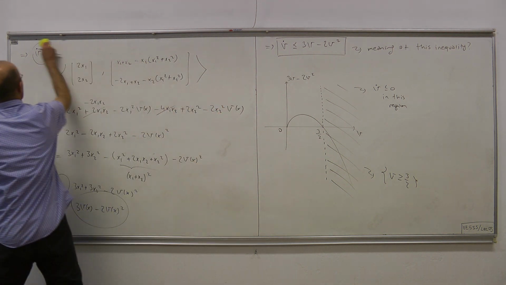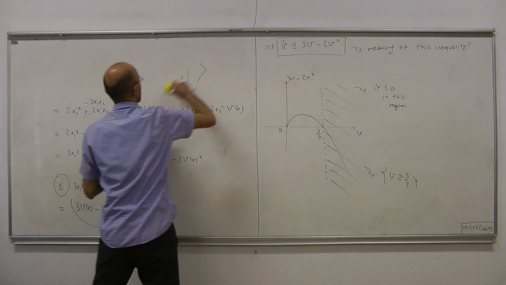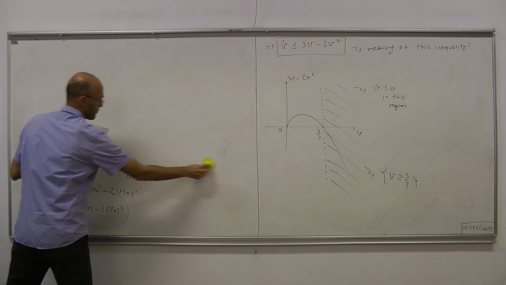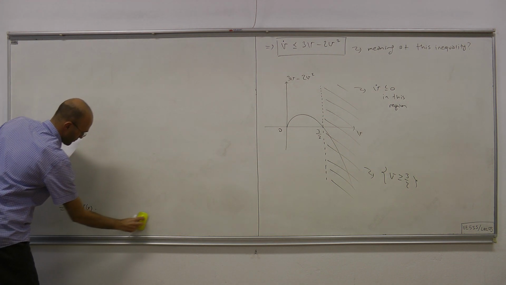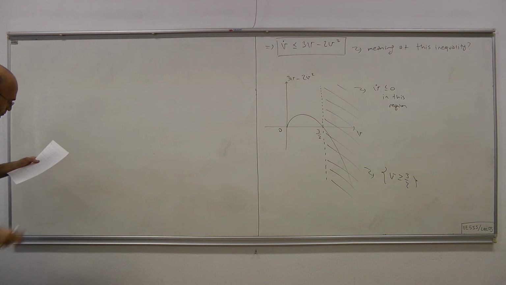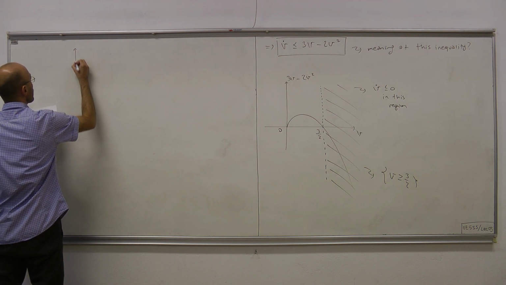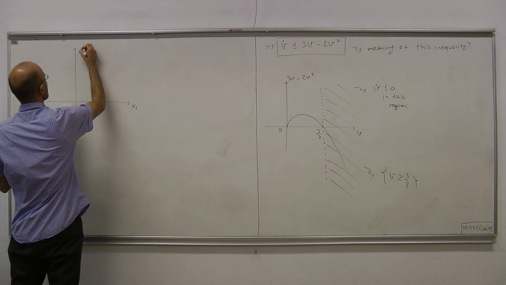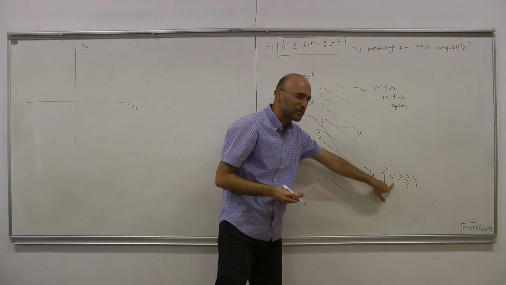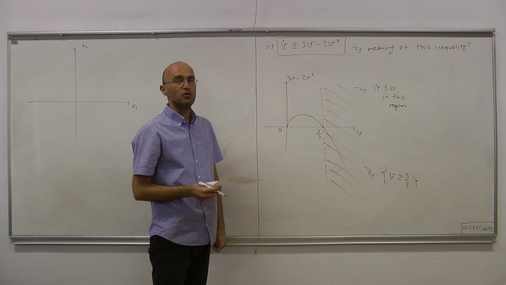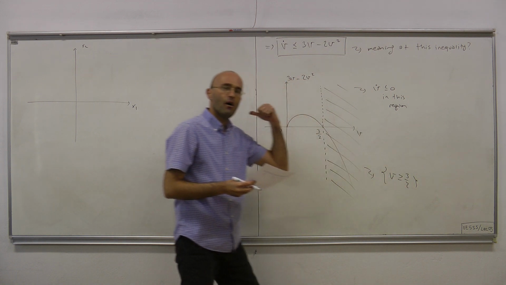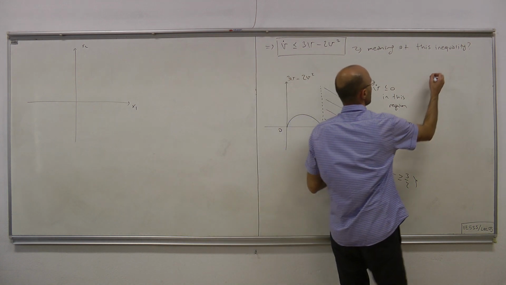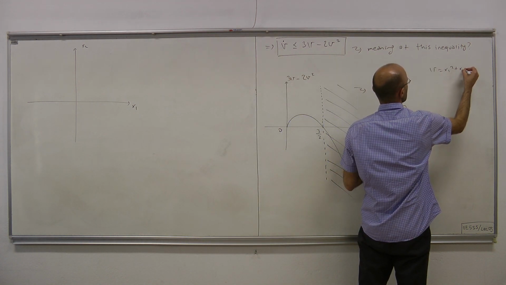Now, that means the following. Now let's translate v larger than or equal to 3 over 2, that set, into our phase plane, okay, that is x1, x2 plane. Now v was x1 squared plus x2 squared.